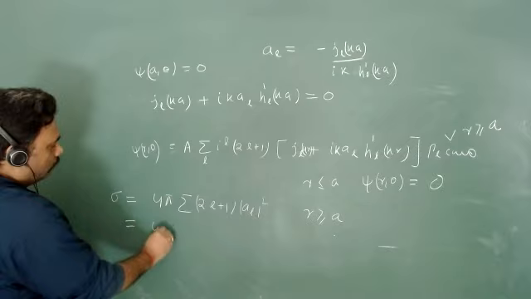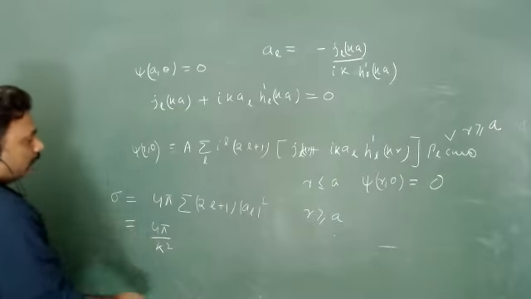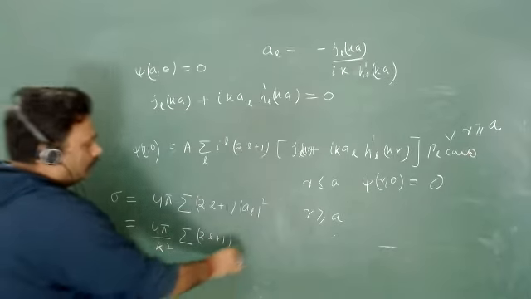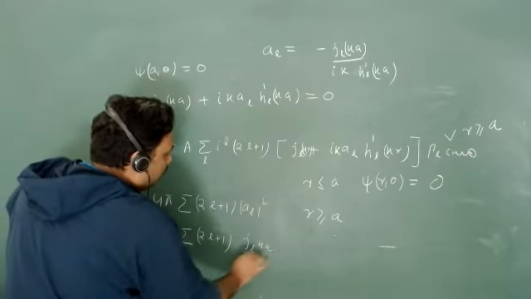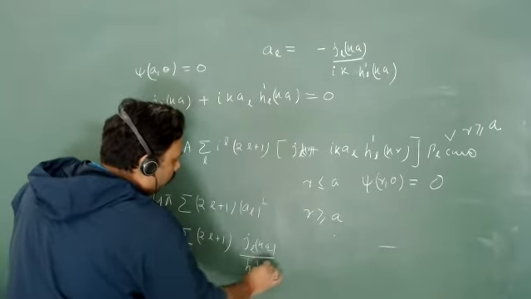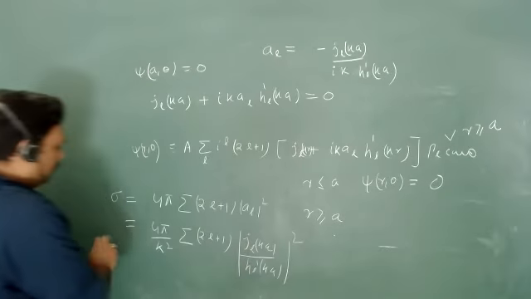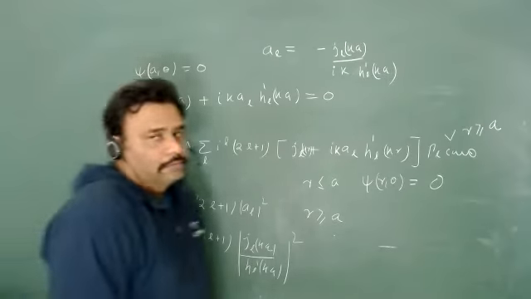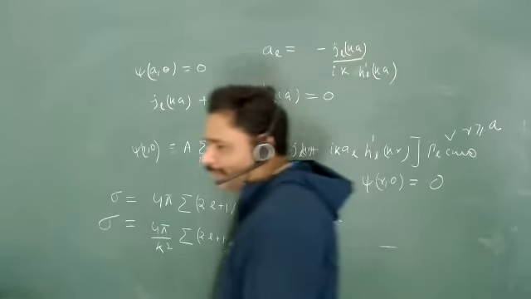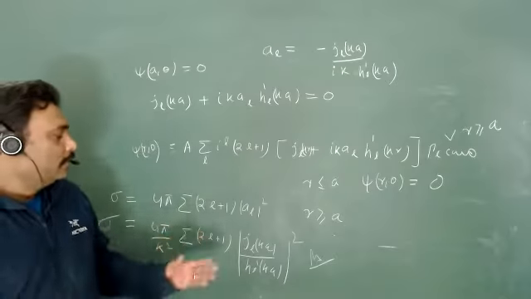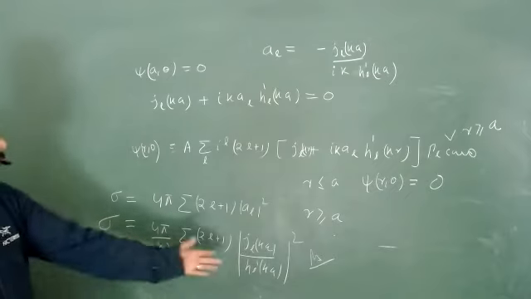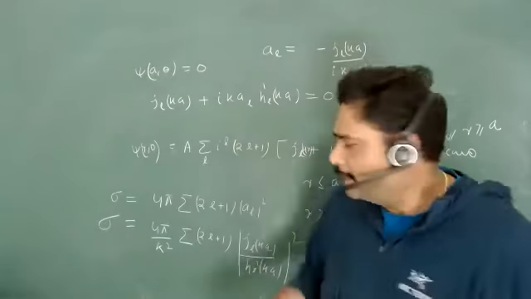The answer will be 4 pi over k square, and here you have (2L plus 1), and j_l(ka) upon h_l^(1)(ka) mod square, and you can find all possible values. Yes, this is your answer. You cannot do anything more about this unless you have another approximation, that when k is large up to L, then what you can have. But this is your general solution, and you can write this answer.